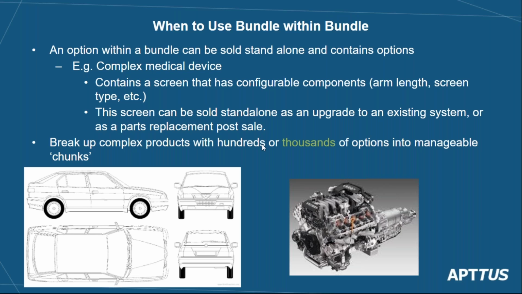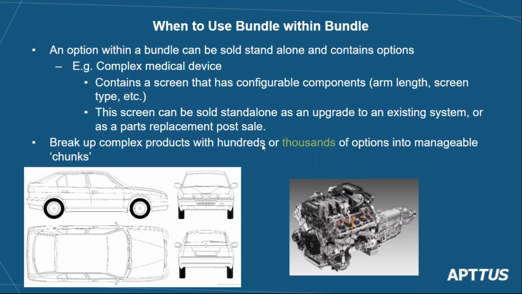Whenever we have these medical devices used in hospitals, there are so many things associated with them, such as arm length, screen type, and many other things. So we have to configure these products accordingly.